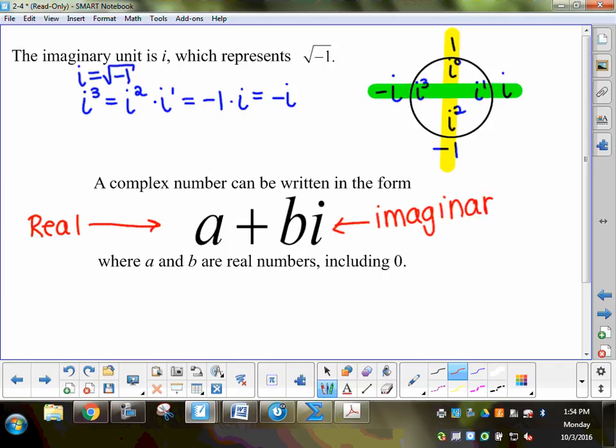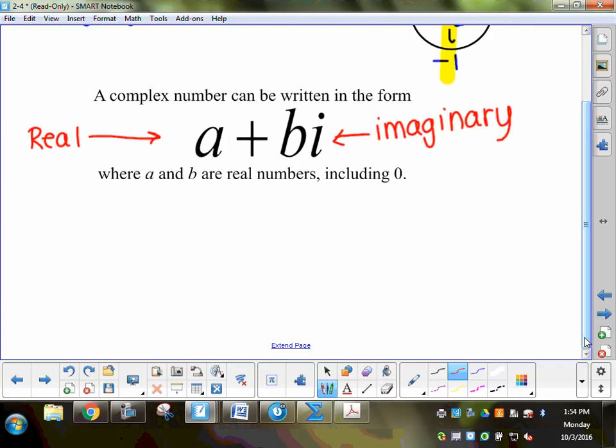So technically, when you've been telling me 5 or 7 or negative 3 is an answer, you've been telling me 5 plus 0i, 7 plus 0i, negative 3 plus 0i. If there's no imaginary component to it, it's 0i. Now, let's go through and process what we know. Let's see if we can get some of these things down first.